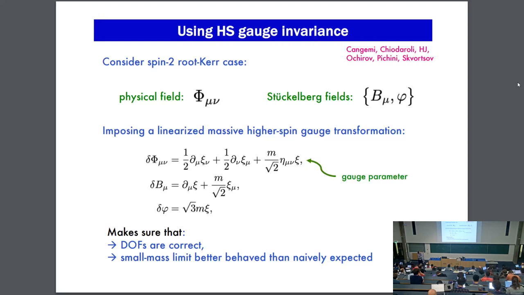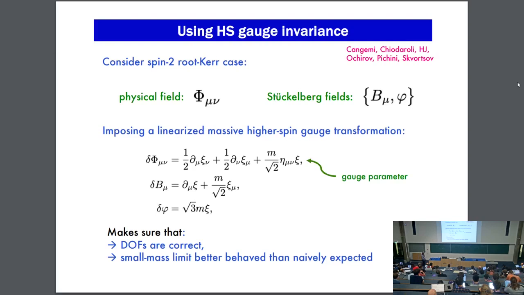So here's a very simple spin 2 example in gauge theory. Let's just do this because it's simpler than doing spin 3 in gravity. For spin 2, I'm going to introduce 2 Stueckelberg fields: a spin 1 Stueckelberg field and a scalar Stueckelberg field. And then I'm going to demand that there is some linearized version of a massive higher spin gauge transformation.